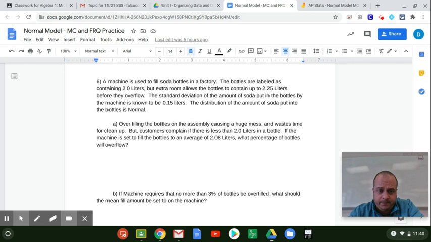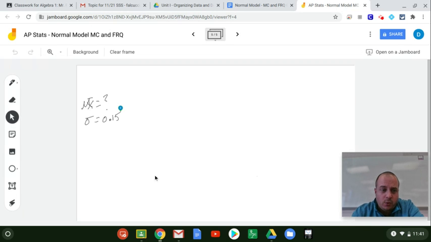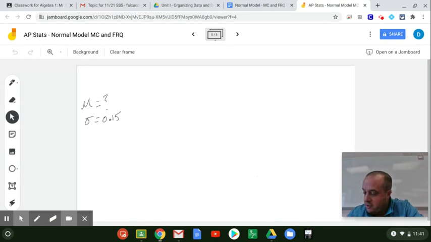And I want to know that no more than 3% of bottles should be overfilled. We don't know what our mean is, but I do know that I don't want any more than 3% of bottles overfilled.